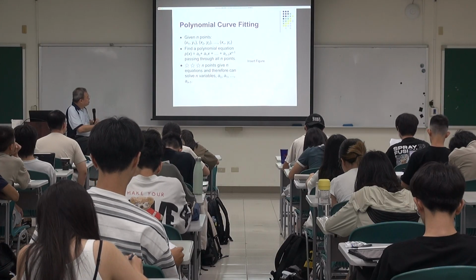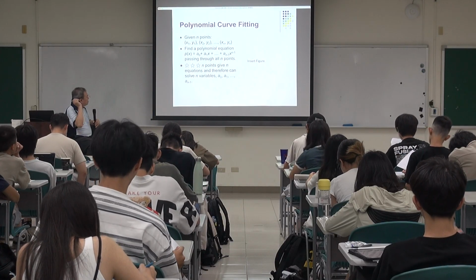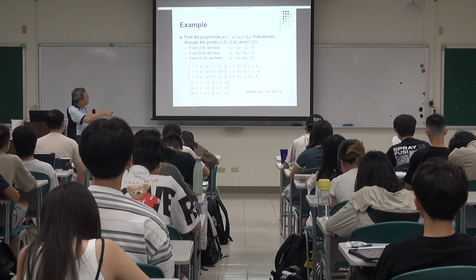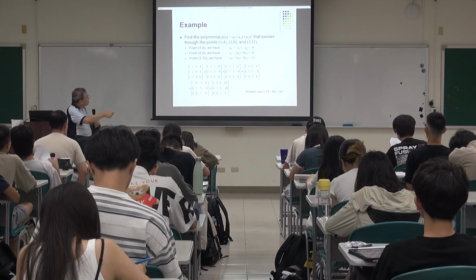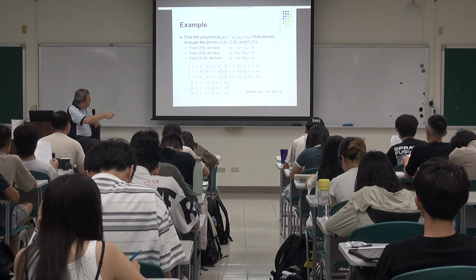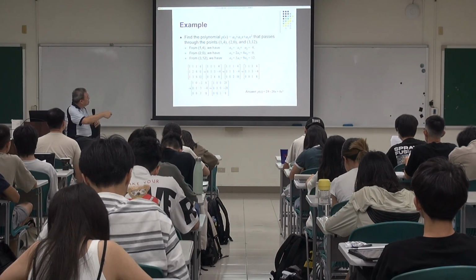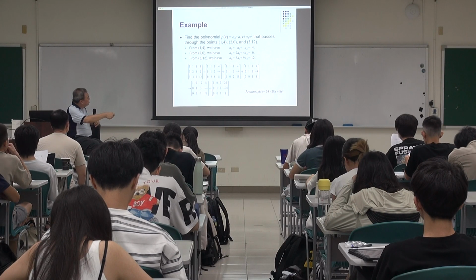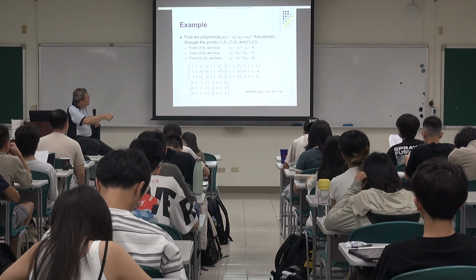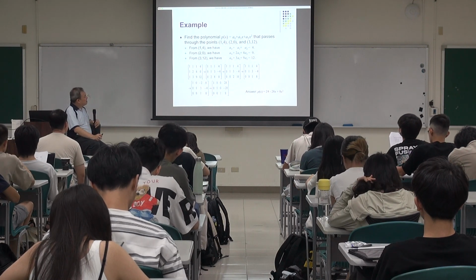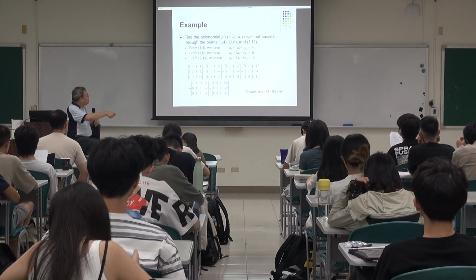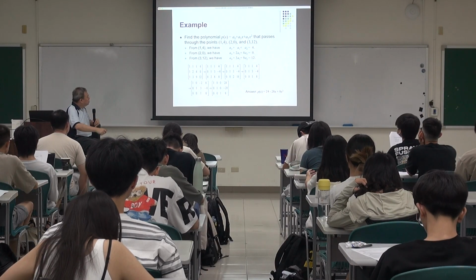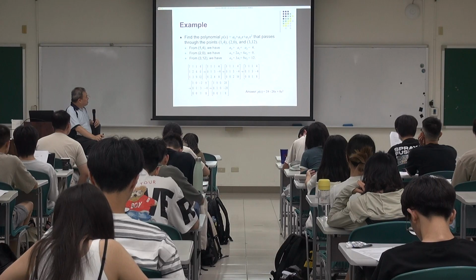One example: find the polynomial p(x) equals a0 plus a1 x plus a2 x squared that passes through these 3 points. So plugging in these 3 points, you get 3 linear equations for a0, a1, a2. And then we use Gaussian elimination to solve this.